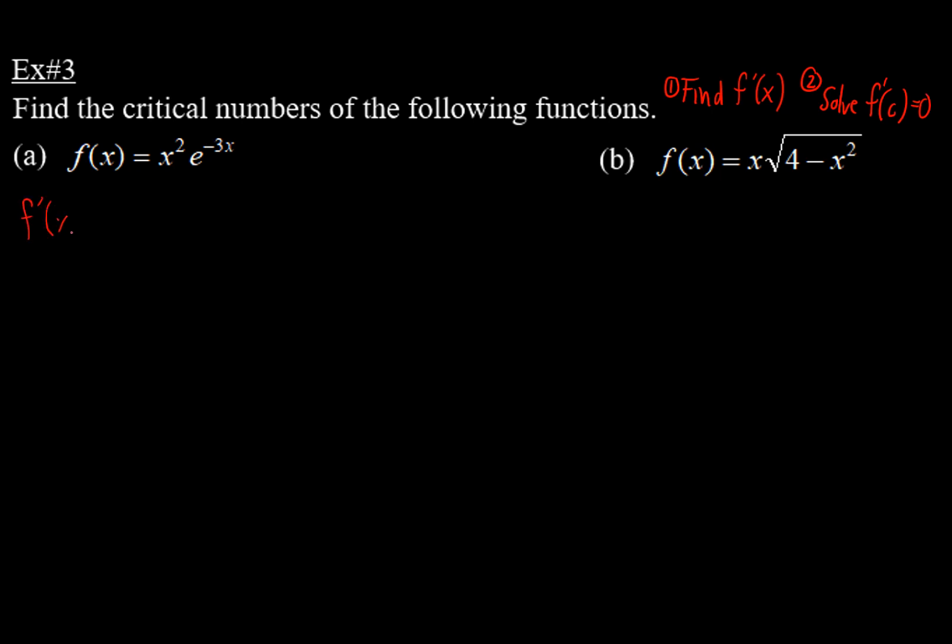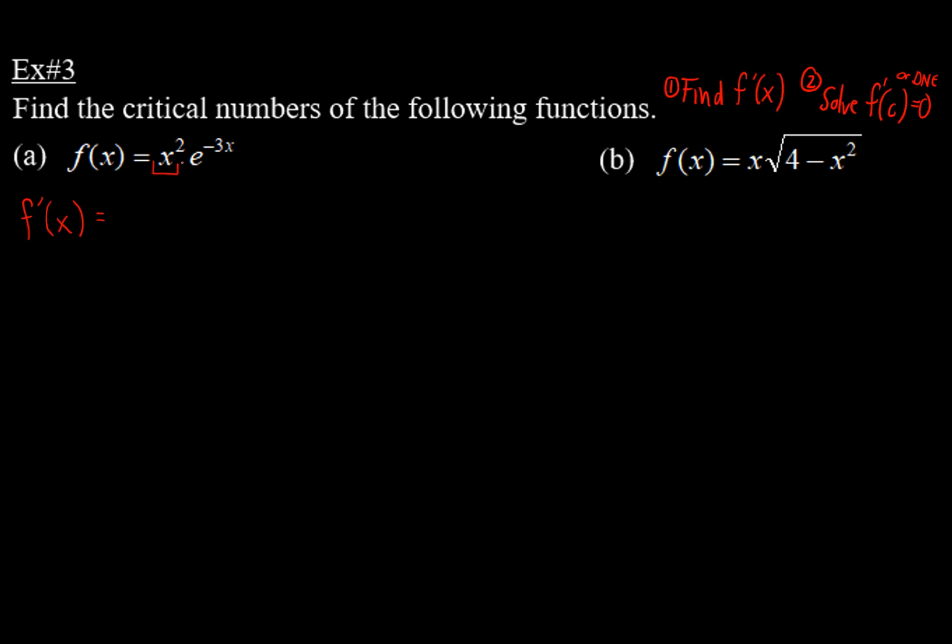So let's go ahead and do that. For these types of problems, because you're finding where they're equal to 0 or where they do not exist, you do need to completely simplify your functions so that we can solve them. All right, here we're going to use the product rule.